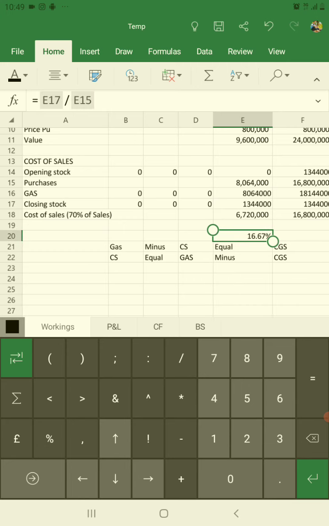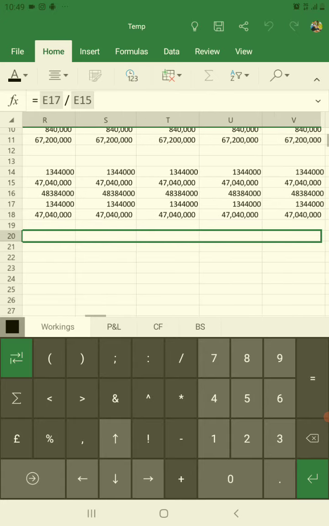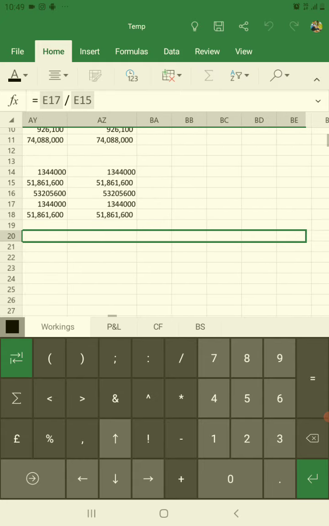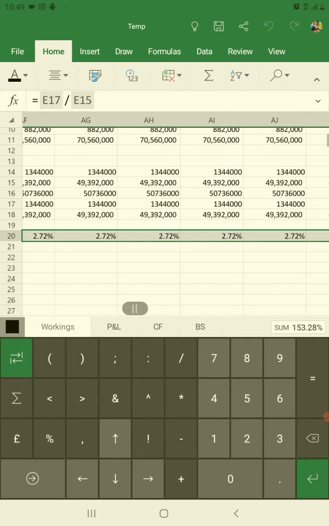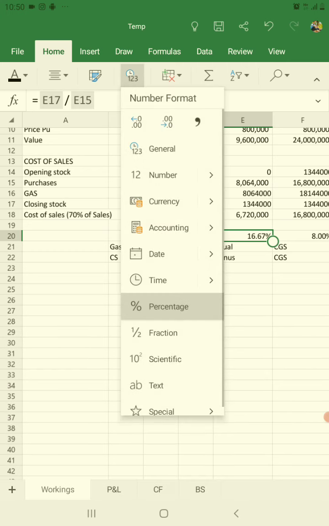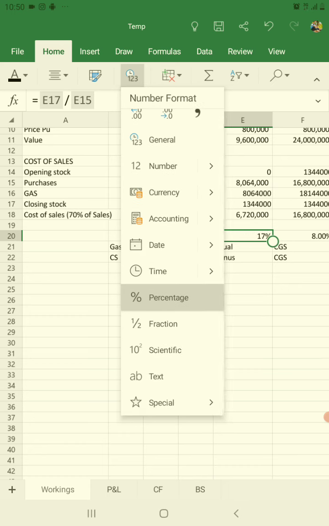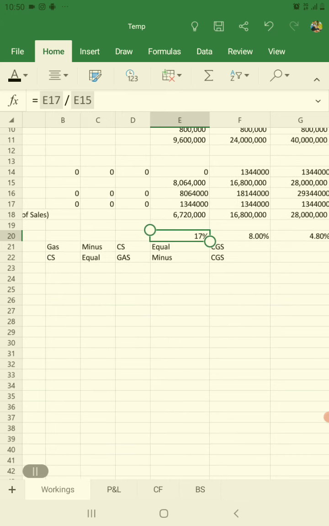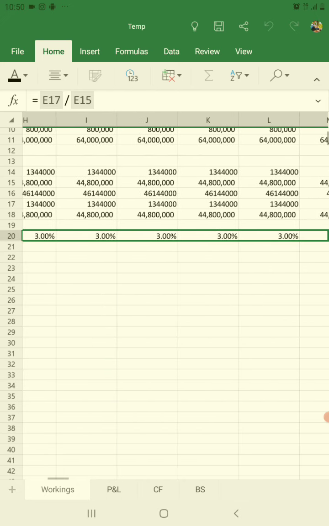So I just want to fill this, you see to yourself, what is the percentage of my purchases to stock? Let me fill this with the rest.